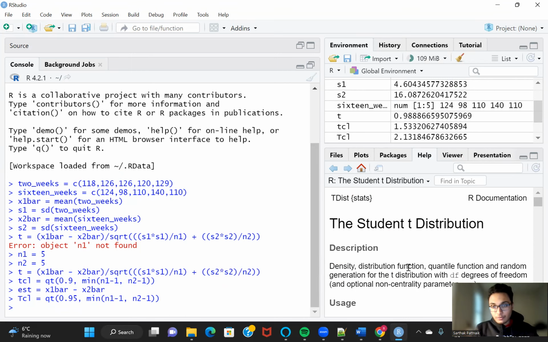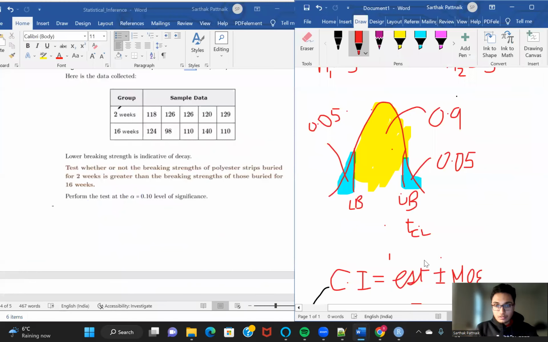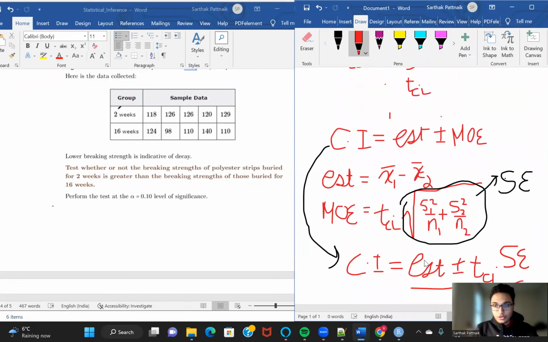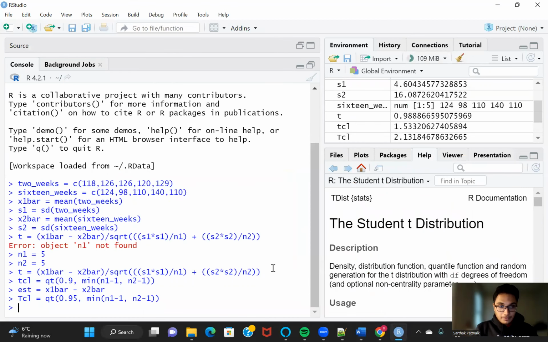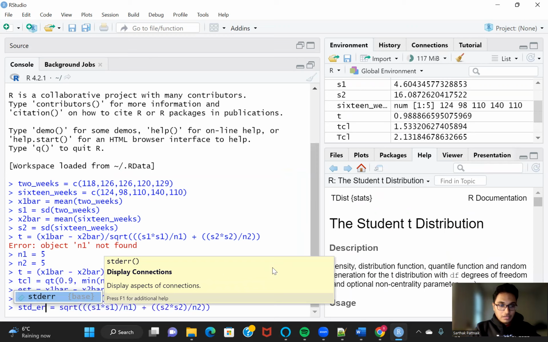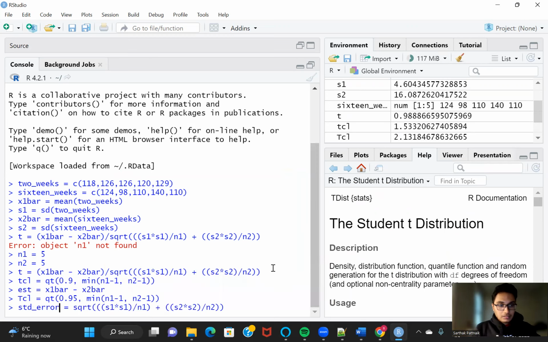Now this comes out to be 2.131. So my TCL is 2.131, and finally, to calculate my standard error, I'll write it completely like this: square root of s1 square upon n1 plus s2 square upon n2. Okay, perfect.